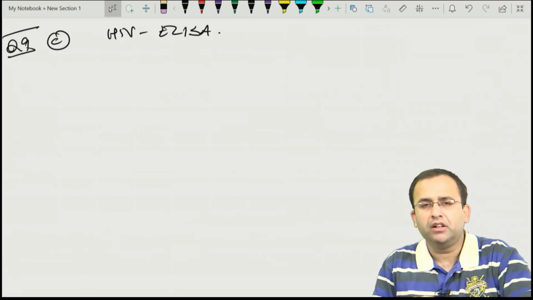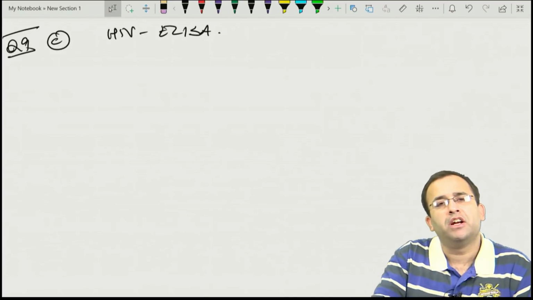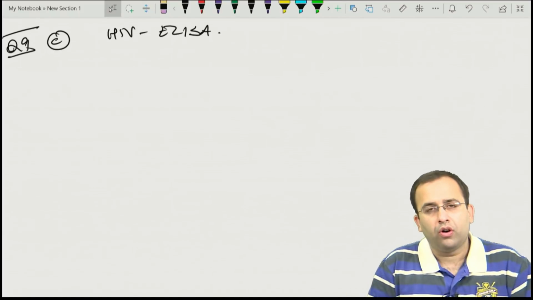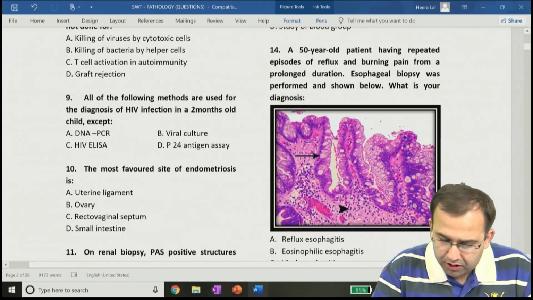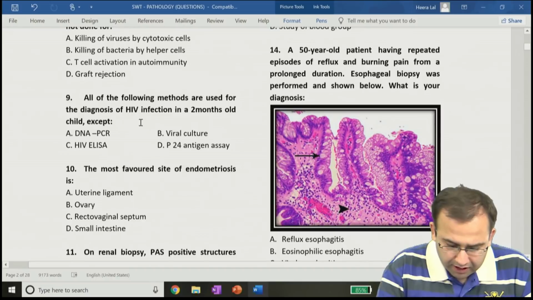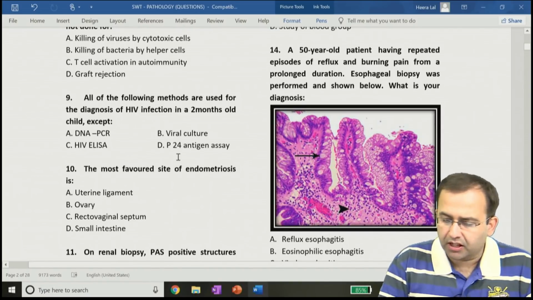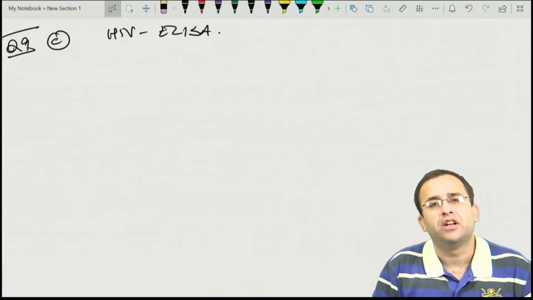So if the child shows IgG anti-HIV antibody, this does not mean that the child is HIV infective. So we can use PCR, culture or P24 antigen assay. What we cannot use is HIV ELISA.